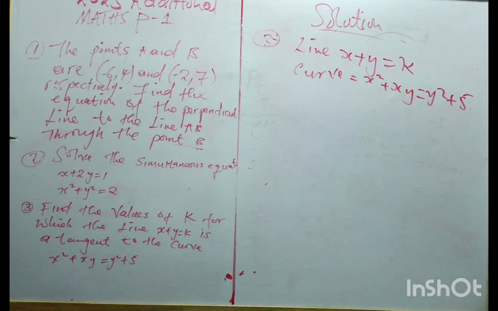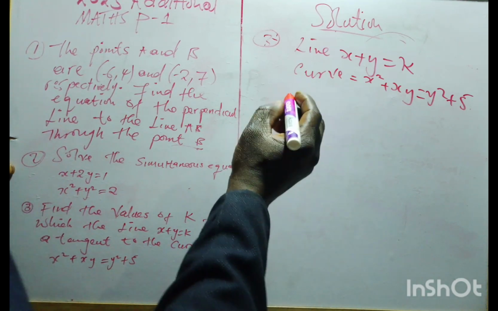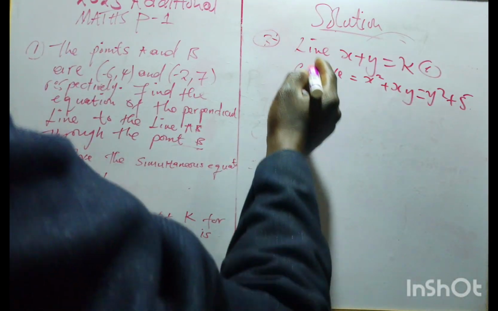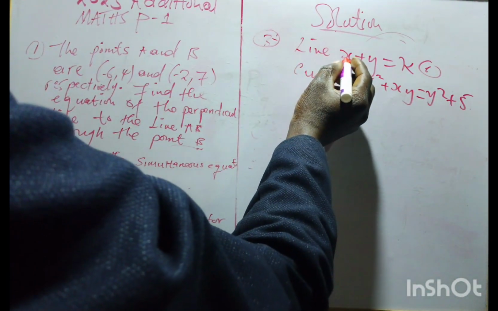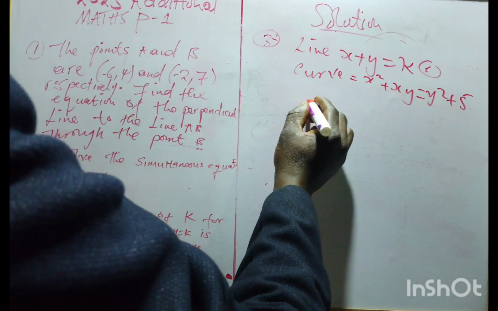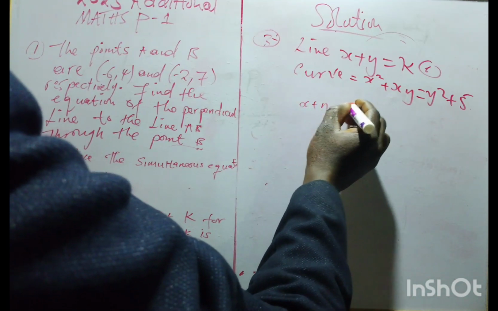So for this question, to find the value of k, you can use the substitution method. So in which we're going to say for equation 1 here, the equation of the line, you can make y the subject of the formula, in which it will be x plus y equals k.